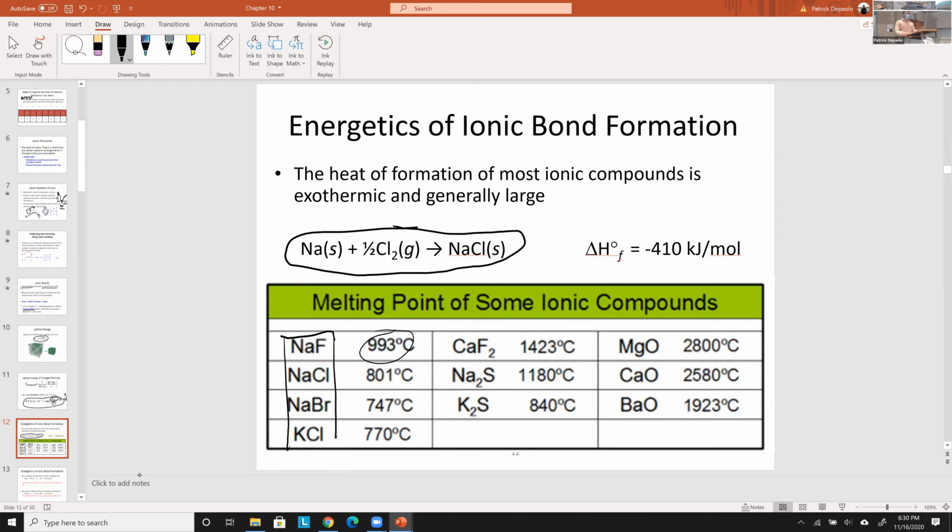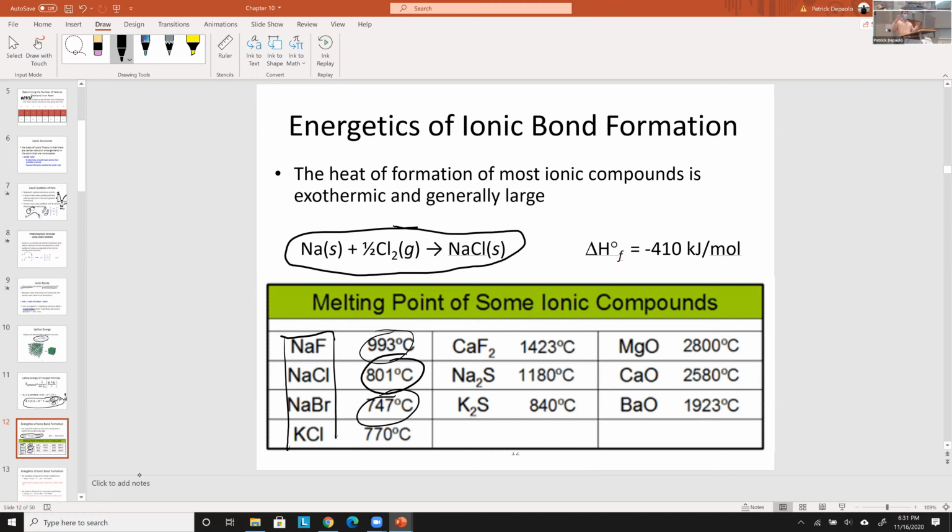Then you have NaCl. So you're basically replacing the fluorine with a chlorine. Chlorine is a little bit bigger than fluorine, so the bond distance will increase, so the bond energy will decrease, meaning the melting point will decrease. That's exactly what happens. It goes to 801. Then you have NaBr. Br is bigger than Cl, so the same thing happens. It decreases. Does that make sense?